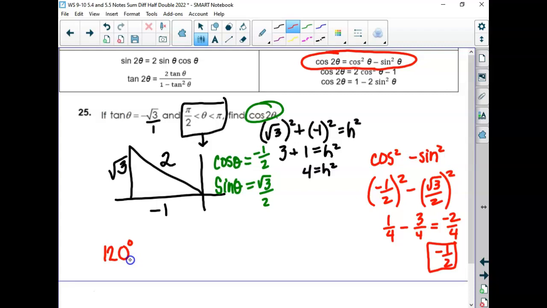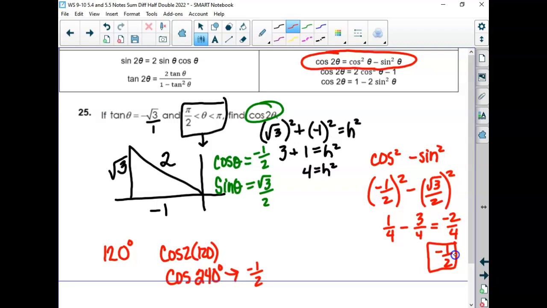Is the tangent at 120 negative square root of 3? Okay. So it said find the cosine of 2 theta. So the cosine of 2 120s would be what? The cosine of 240 degrees? Can you go to 240 and tell me what the cosine is? Negative 1/2, okay?